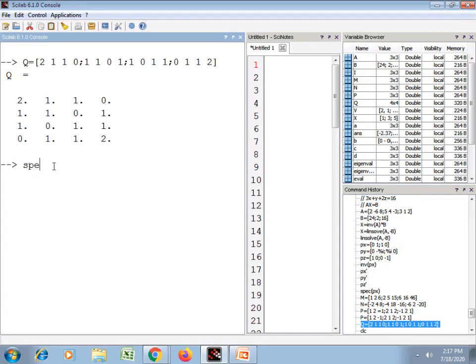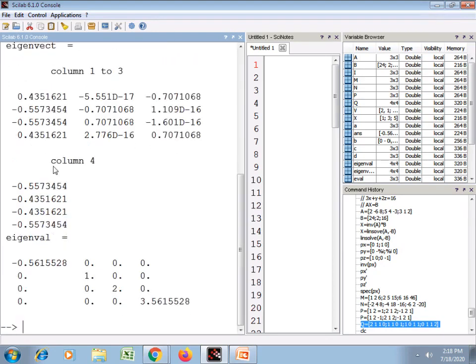So to get the eigenvalues of the matrix Q, we use command spec Q. So these are the eigenvalues of matrix Q. To get the eigenvectors, we write in square bracket eigenvect, comma, eigenvalue, square bracket complete, equal to spec of Q. So these four columns give the four eigenvectors of matrix Q, and each column is corresponding to the four eigenvalues of the matrix Q.